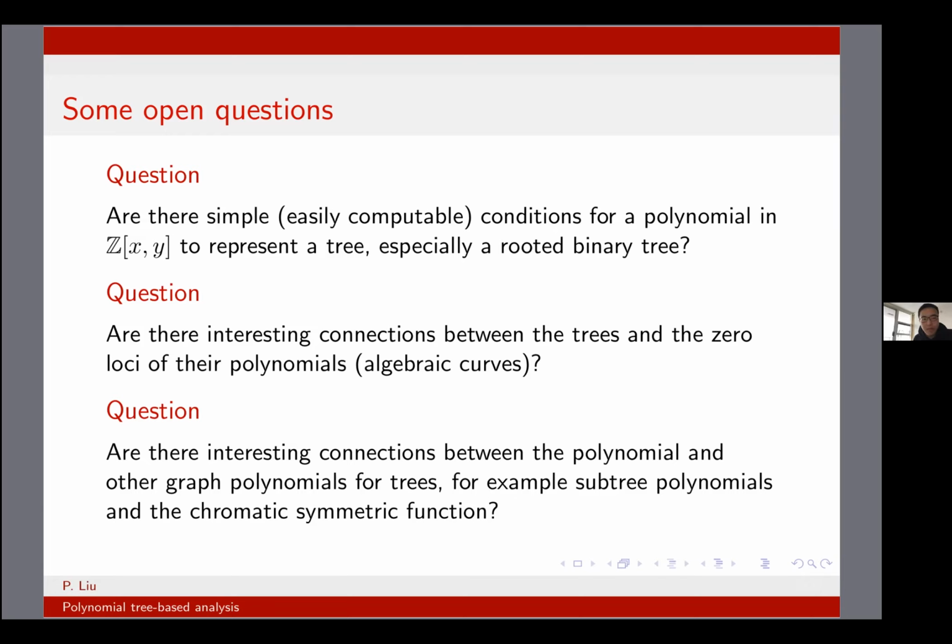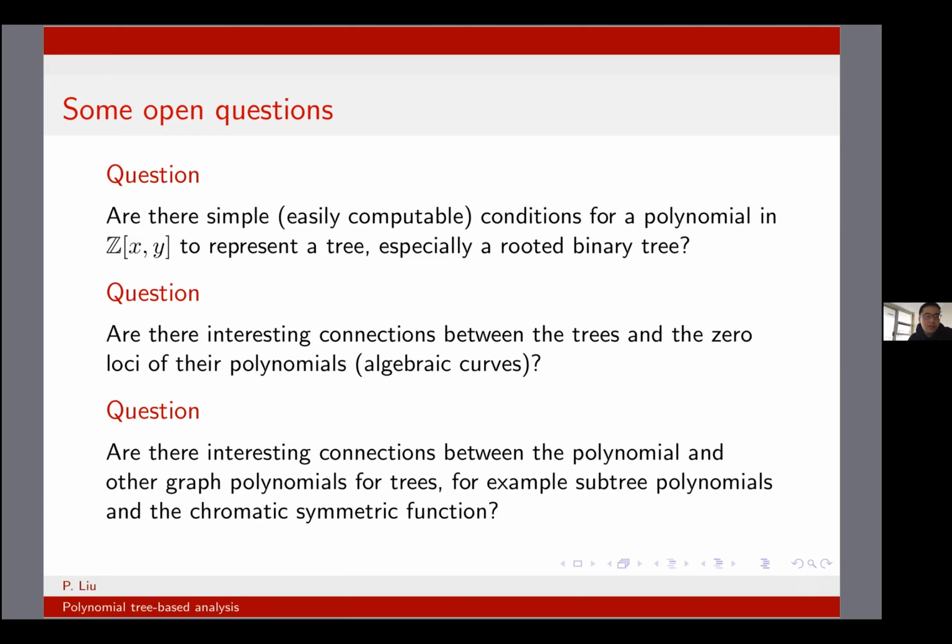It would be nice to know, because in that case, if we know the conditions, then we can basically sample. In applications of phylogenetics, we're constantly sampling trees. We're constantly building random trees, which is a complicated thing if we don't have a nice tool. But once we know these conditions, we can sample coefficients that satisfy this condition to sample trees, and we might have a good tree sampler if we can answer this question.